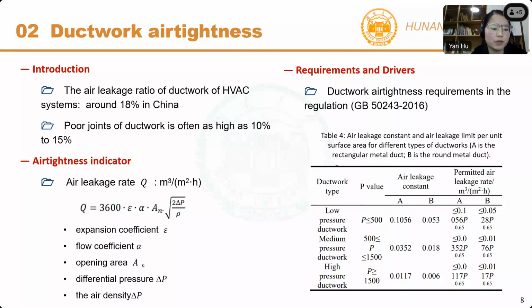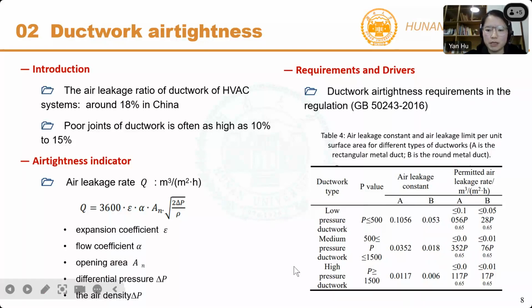In China, there is only the concept of air leakage rate level of ductwork rather than airtightness level, and the indicator is the flow rate. It is related to the pressure difference, but the pressure difference is not clearly defined.